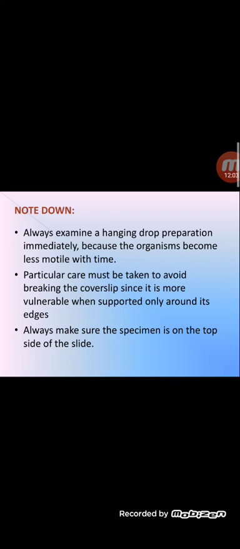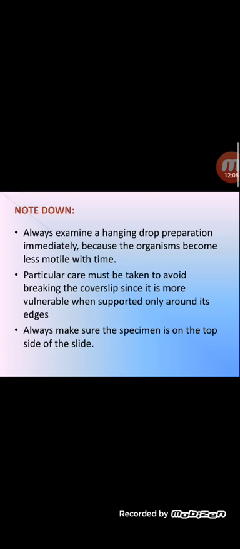Then slowly turn it back, so the concave well is now facing upward, and place it on the microscope and observe under the microscope in low power followed by high power. This is the hanging drop method.